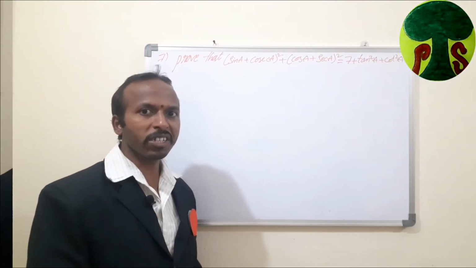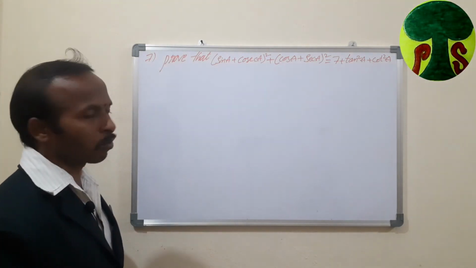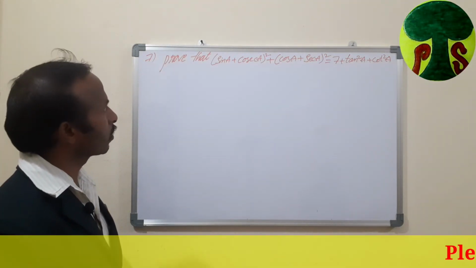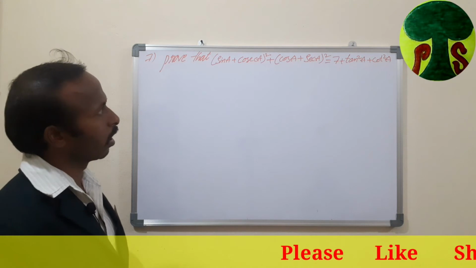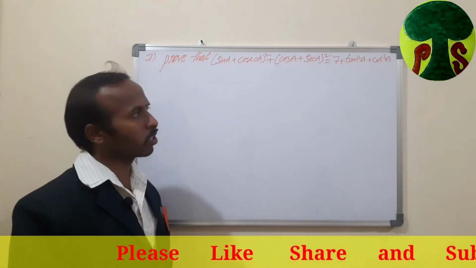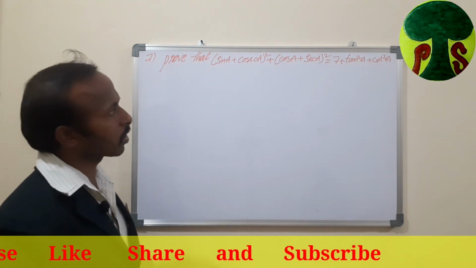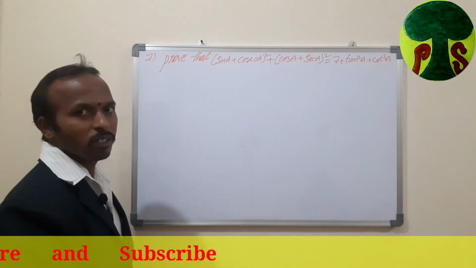We will solve another question. This is on the board, which is one of the important questions. Prove that (sin A plus cosecant A) whole square plus (cos A plus secant A) whole square equals 7 plus tan square A plus cot square A. Now see the solution.